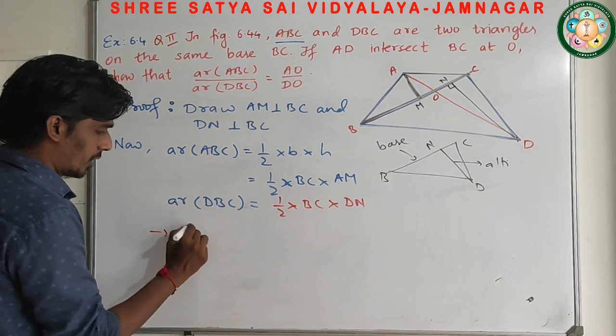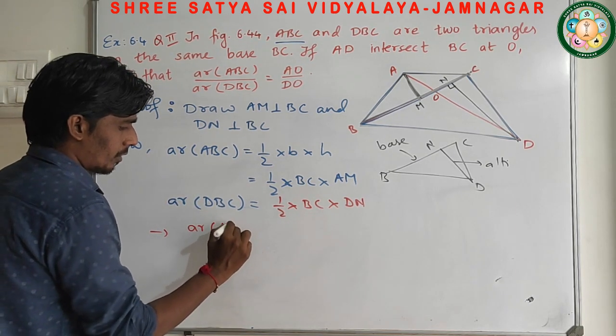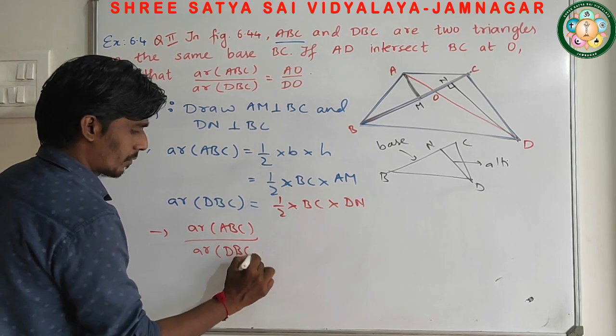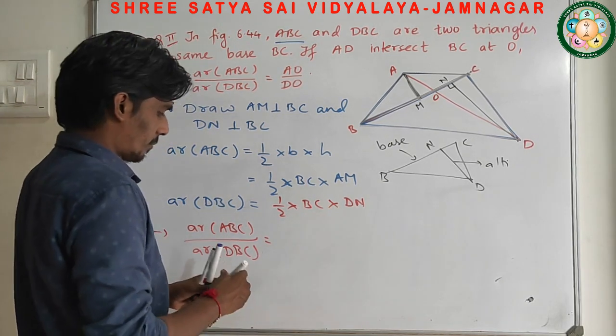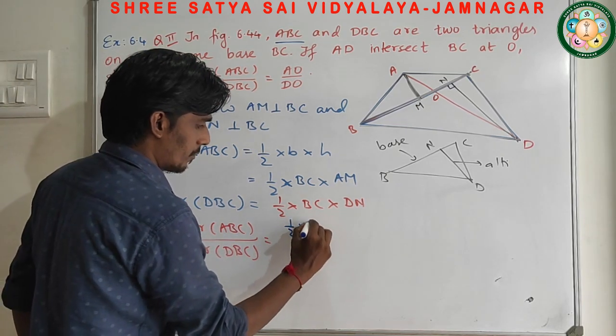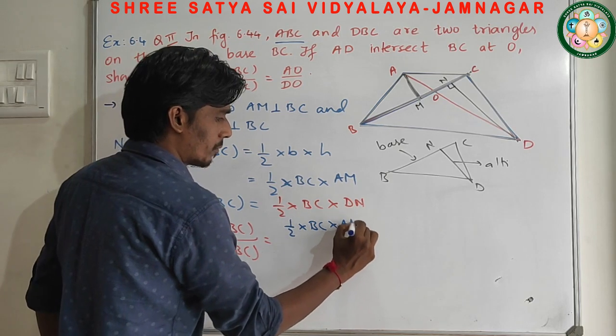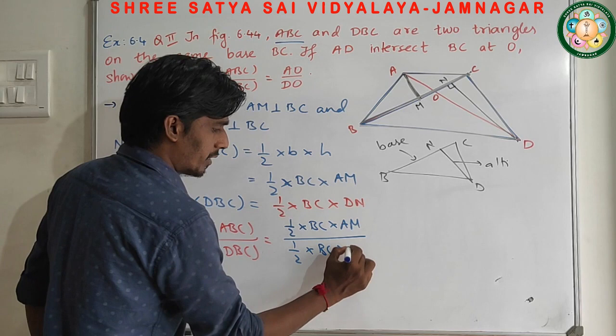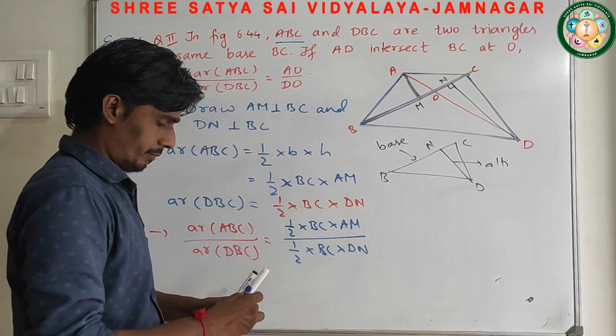So by dividing both the areas, ABC upon DBC, its formula is half BC into AM upon half BC into DN.